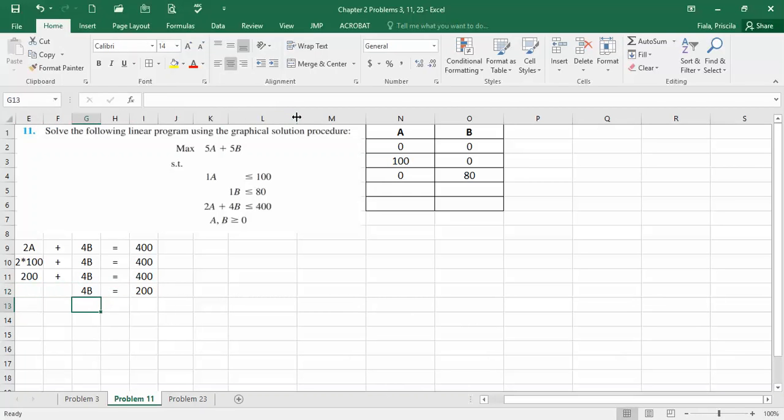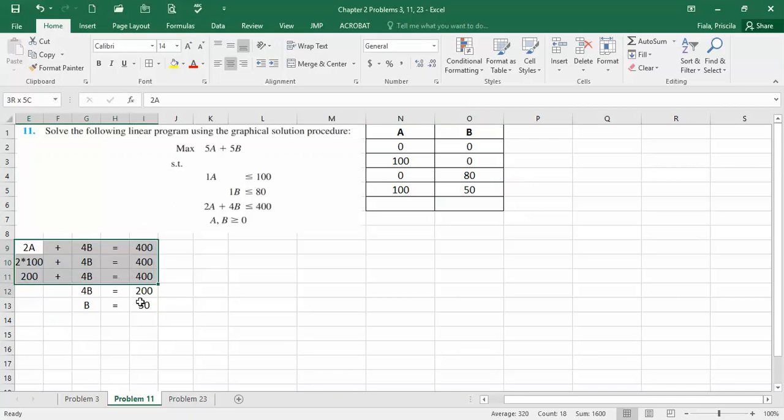Now let's divide both sides by 4. So B is equal to 200 divided by 4, which is 50. Therefore, when A is 100, the value for B is 50. That's another point on the graph that I'm going to be graphing for you.